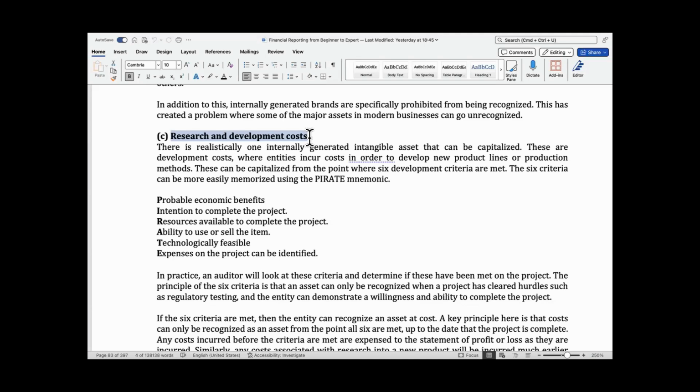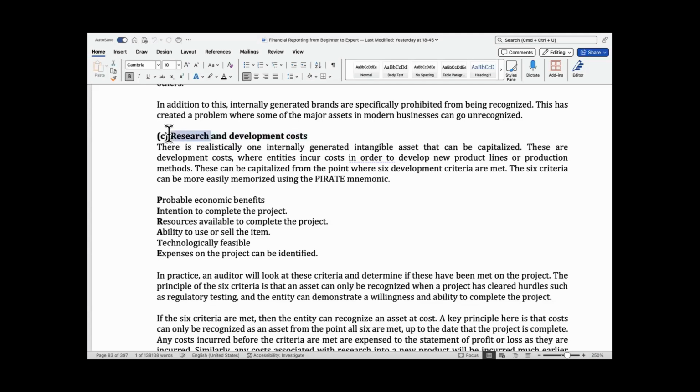So this is like an internally generated asset where we can accumulate the costs and say, okay, this is what we have spent. Though they now even separated it into research cost and development cost. So there are two things entirely. The examiner will tell you that this one is research.